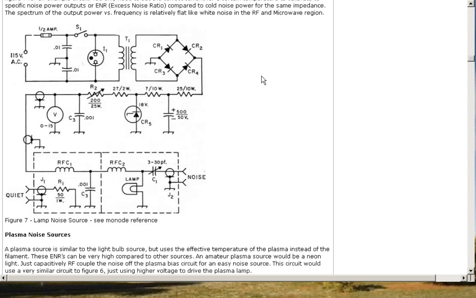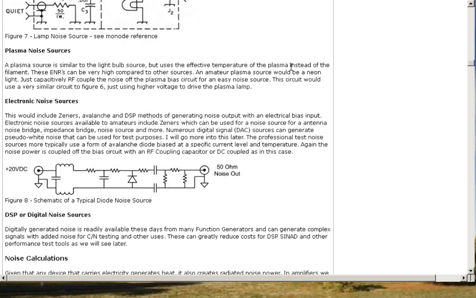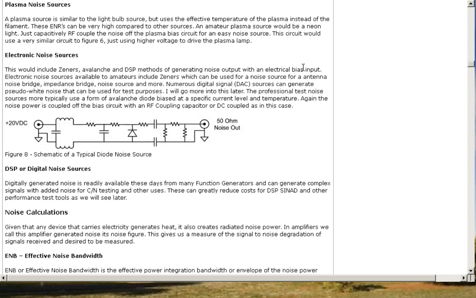Lamp noise source. Electronic noise sources.